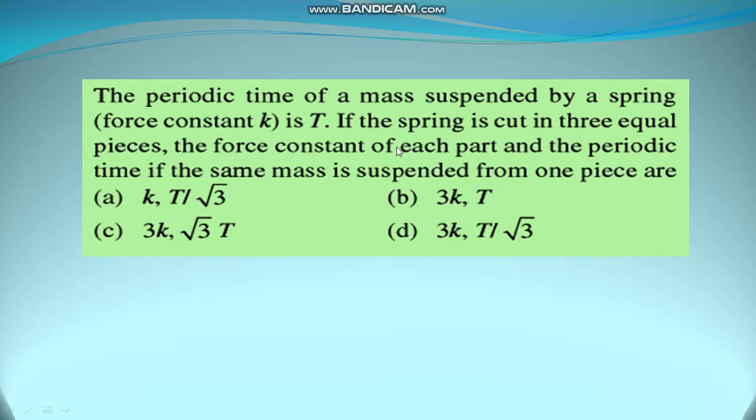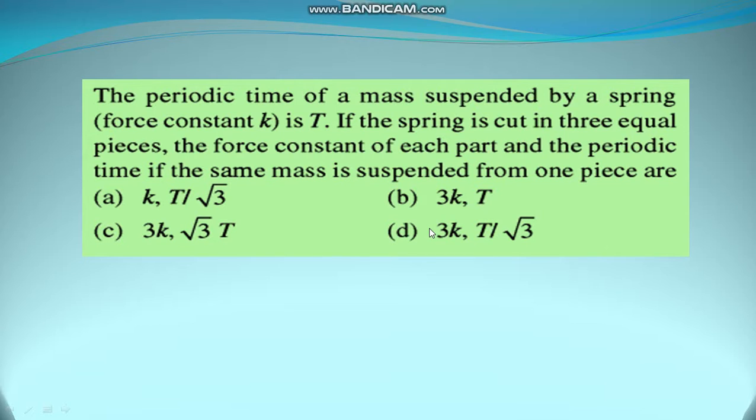Here the force constant of each part we have to find, that is nK. So nK here, in options B, C and D, it is 3K because 3 equal parts.